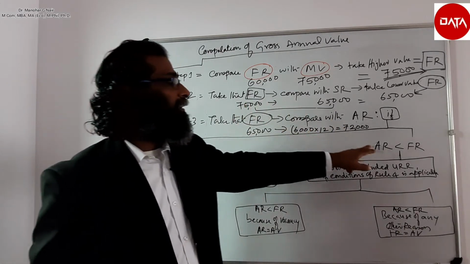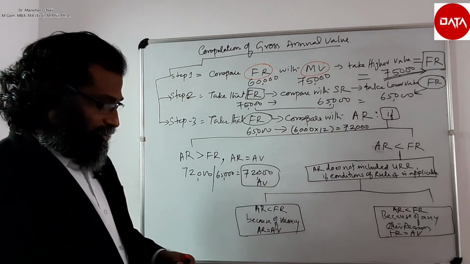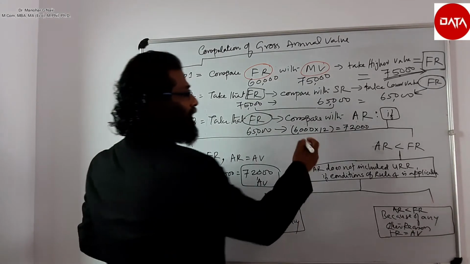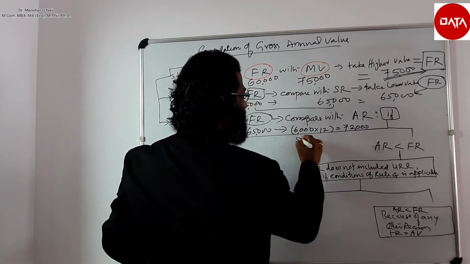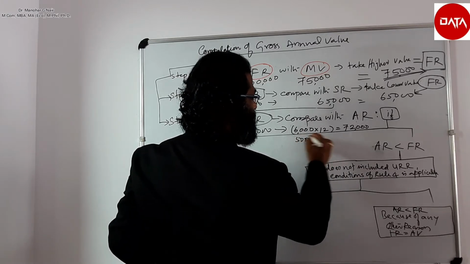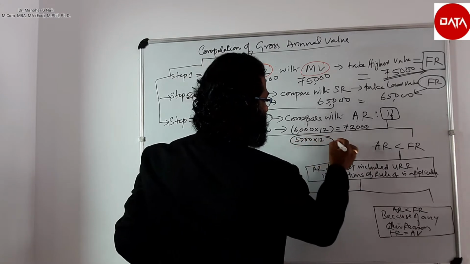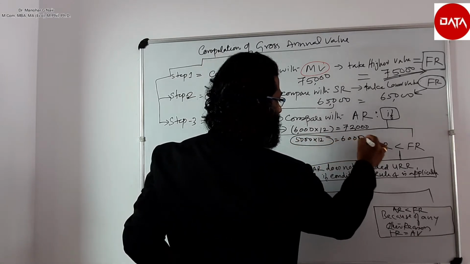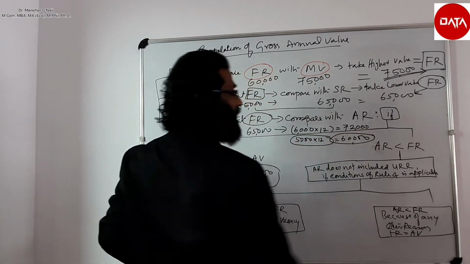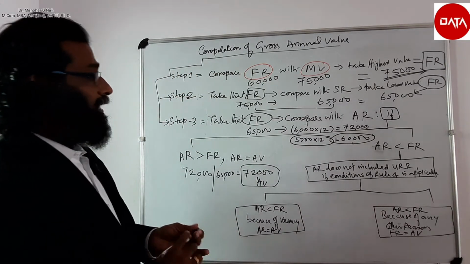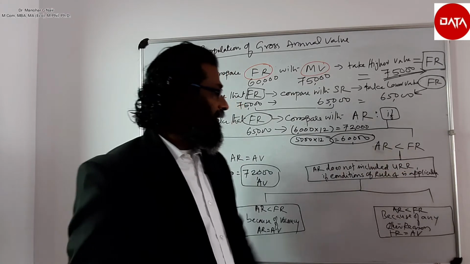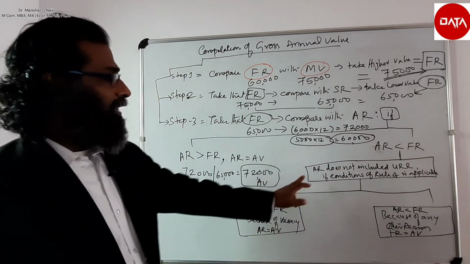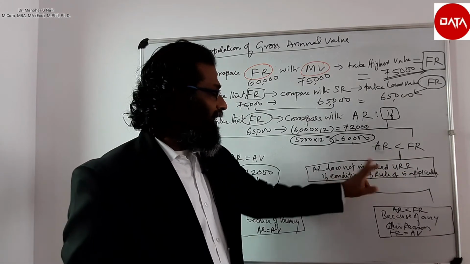If actual rent is less, let us assume that here the actual rent was 60,000, 5,000 each for 12 months. Assume that the actual rent was 60,000. So actual rent is less than fair rent, then actual rent does not include unrealized rent.